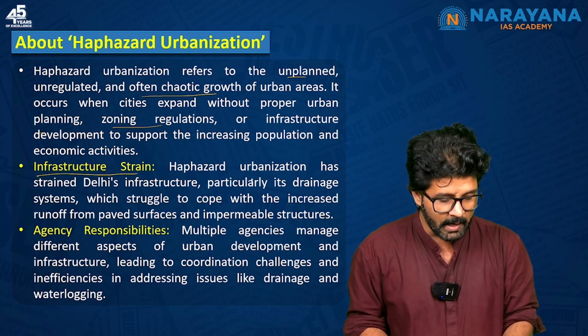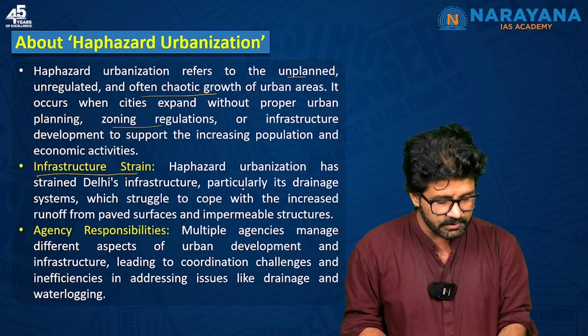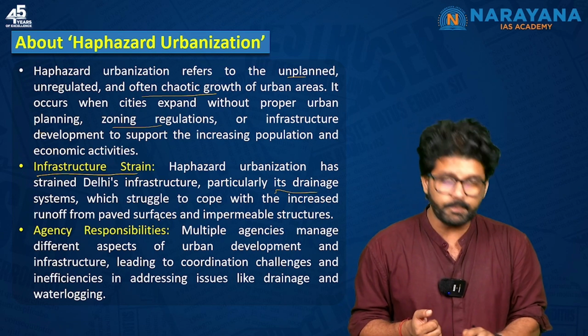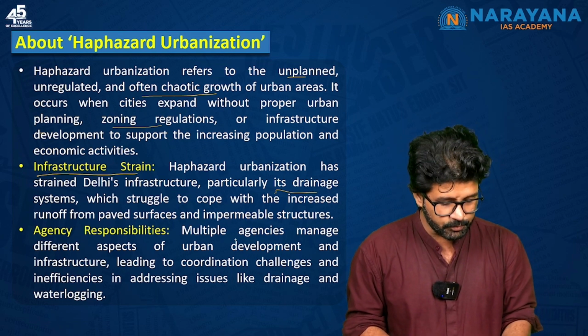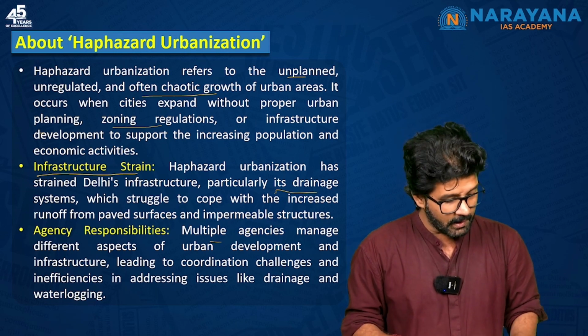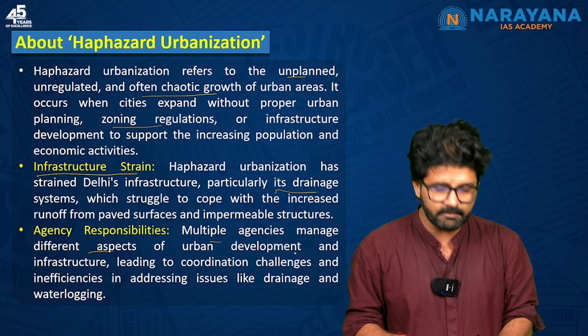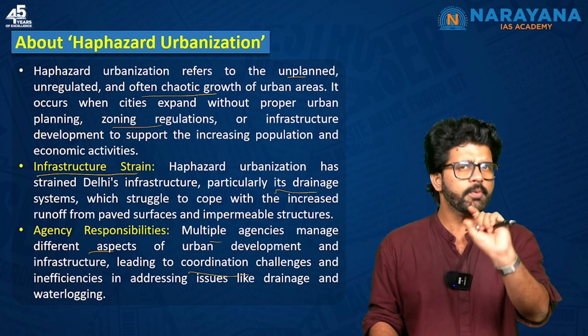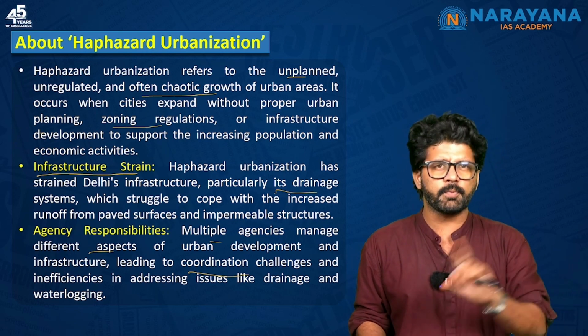Infrastructure strain: haphazard urbanization has strained Delhi's infrastructure, particularly its drainage system, which struggled to cope with the increased runoff from paved structures. Then agencies' responsibilities: multiple agencies manage different aspects of urban development and challenges, leading to coordination issues and inefficiencies. Hope you're understanding this issue, and there has to be proper coordination.